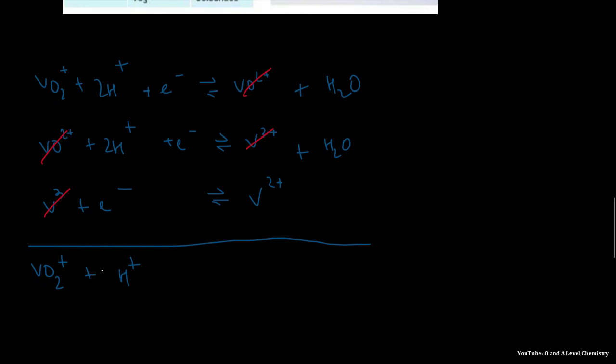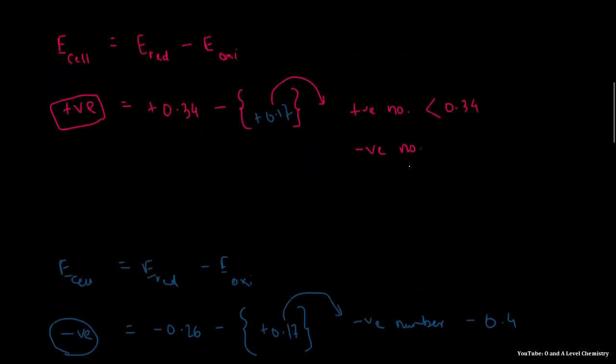Then we add all the electrons up, so this is 3e-. And then we're going to have V2+ and 2H2O.